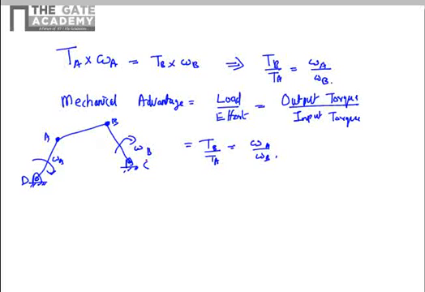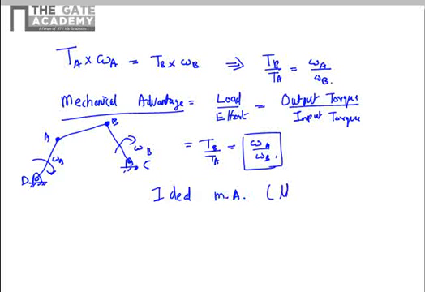So, based on our earlier velocity analysis, that we will be covering shortly in coming lectures, you can get the ratio, and then from that you can get the mechanical advantage by taking the ratio of the angular velocities. This quantity omega A by omega B is known as ideal mechanical advantage. That means there is no loss in the mechanism.